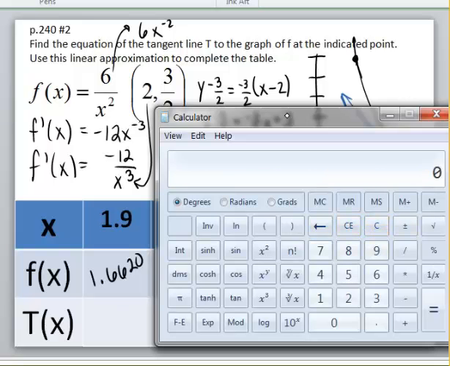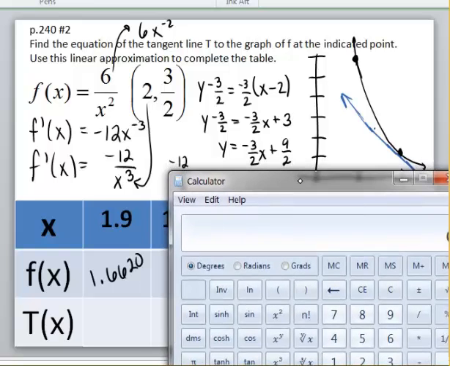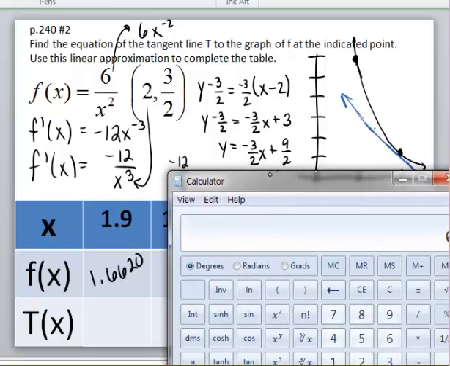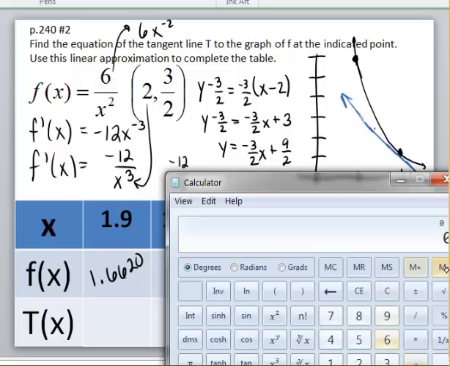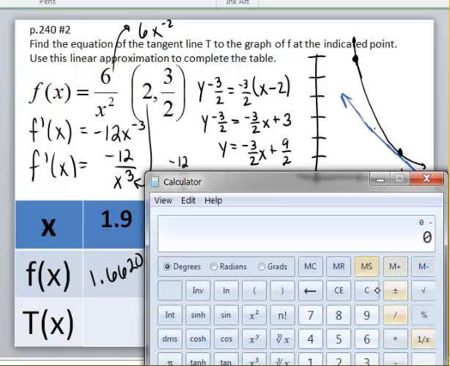Now I'm going to use the tangent line to the curve. The tangent line to the curve is right here, and I'm going to plug in 1.9 for x. So I have negative 1.5 times 1.9 equals, and then I'm going to add 4.5 to it for a total of 1.65.